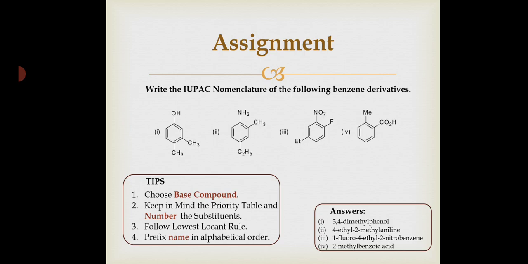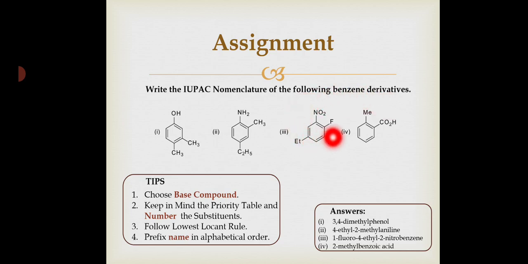Halide gets preference over the nitro or the alkyl groups, and so the numbering should be like this: 1, 2, 3, 4. And so all these substituents, nitro, fluoro and ethyl, will be named in the prefix. And so the name of this compound is 1-fluoro, F comes before E.